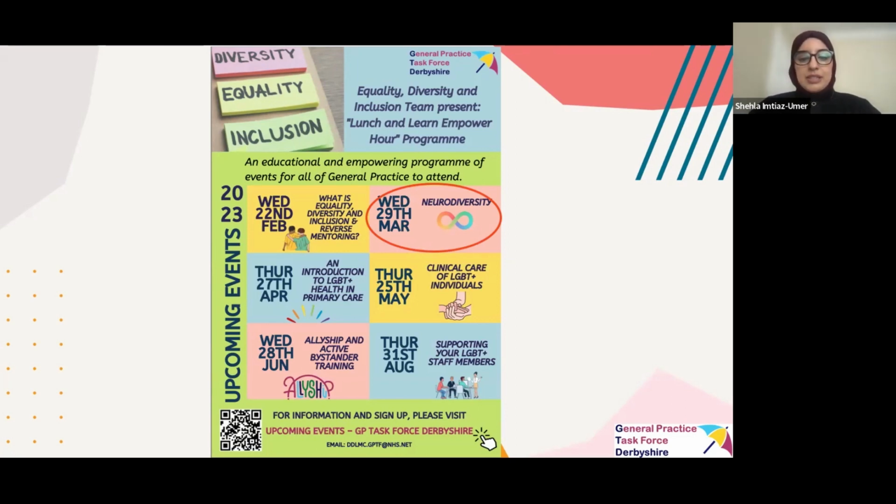You can sign up through the QR code or the upcoming events section of the GP Task Force website. It will focus on neurodiverse colleagues, how to recognise the challenges they face, and interventions you can put in place to help them.